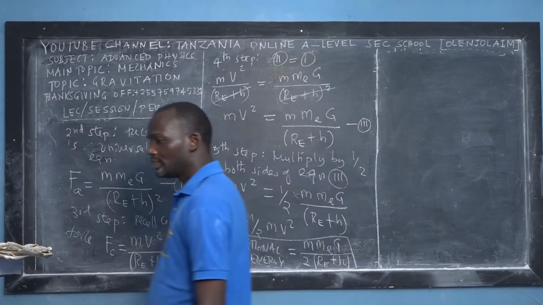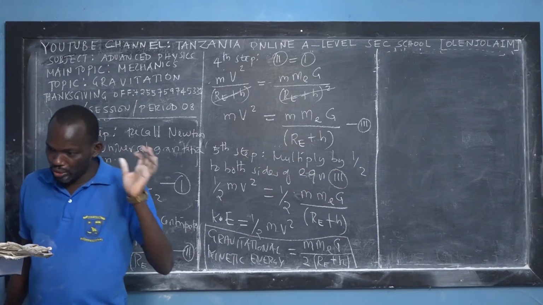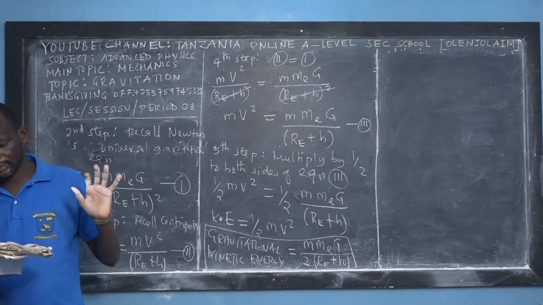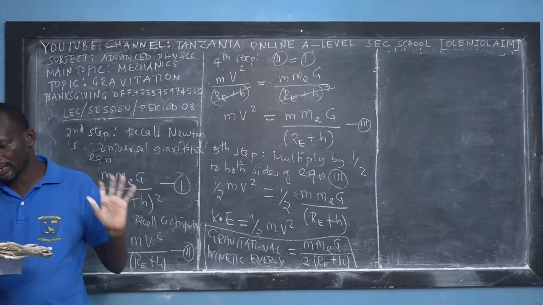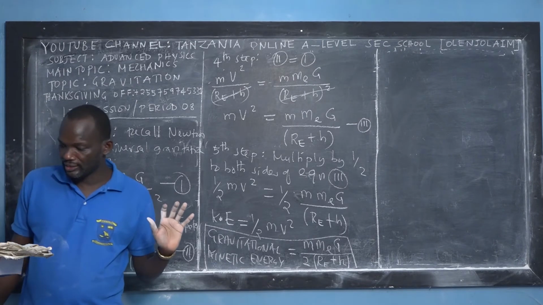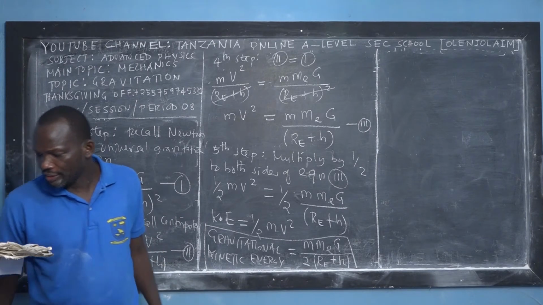Okay? So the concept now, we want to know the gravitational total energy of the satellite. That's a very important point. We have to make sure that we cover it before we end this lecture. So yes, kinetic energy, everything is correct.